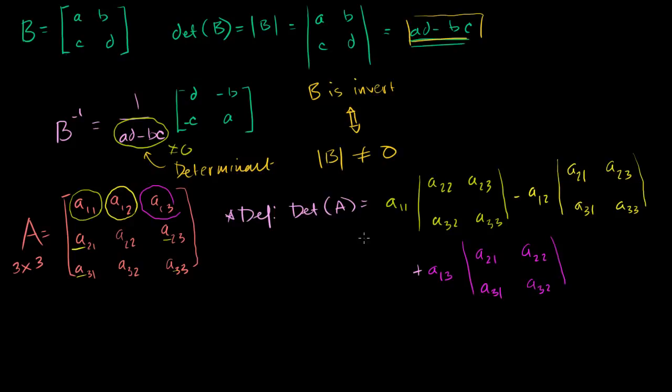This is our definition of the determinant of a 3 by 3 matrix. And the motivation is because when you take the determinant of a 3 by 3, it turns out, I haven't shown it to you yet, that the property is the same. That if the determinant of this is 0, you will not be able to find an inverse. And when I define determinant in this way, if the determinant does not equal 0, you will be able to find an inverse.